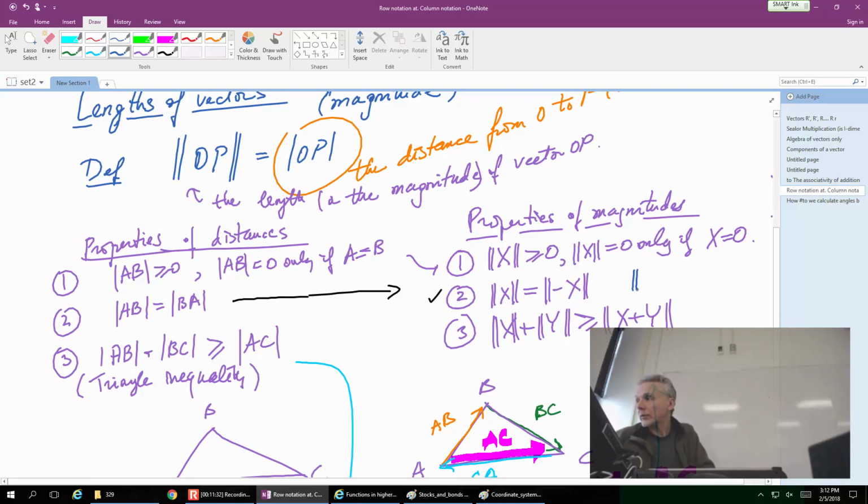So if I multiply x by a, where a is a number, what happens to the magnitude of x? A times. Careful. A times? Almost. There is something missing.